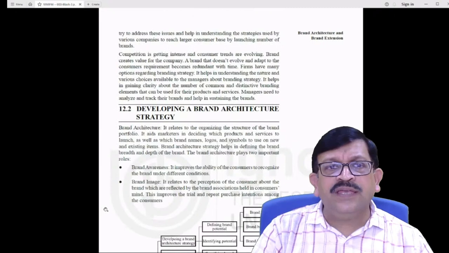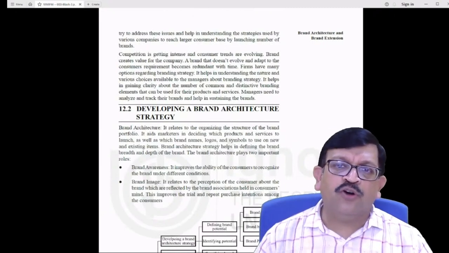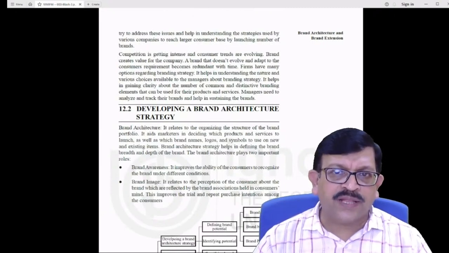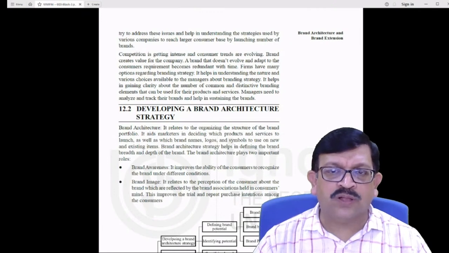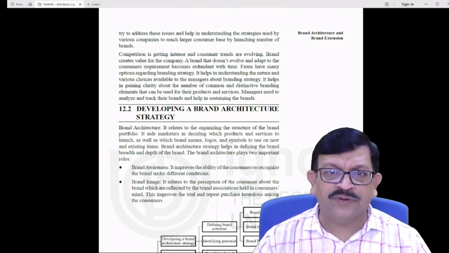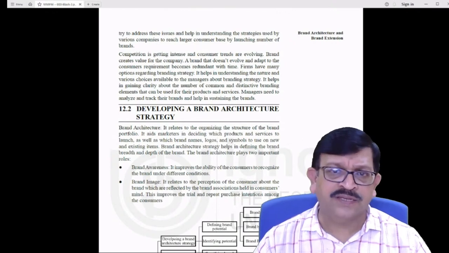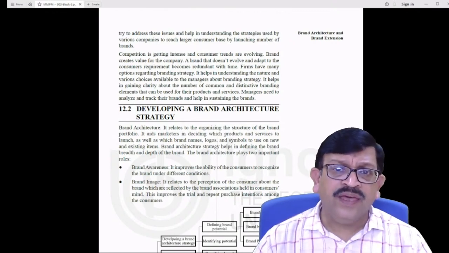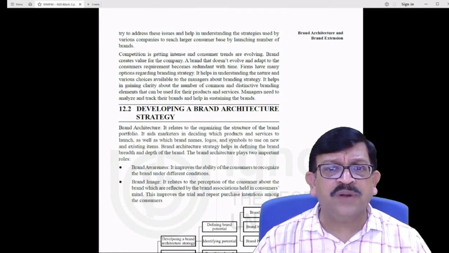Have you looked at the product portfolio of any company, something like Coca-Cola per se? You will find they have different kinds of beverages: Coke, Fanta, Limca, Thums Up, at least in India. And if you see these, there are multiple such brands.